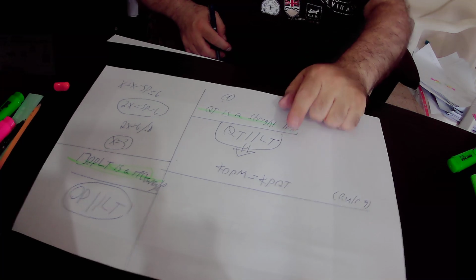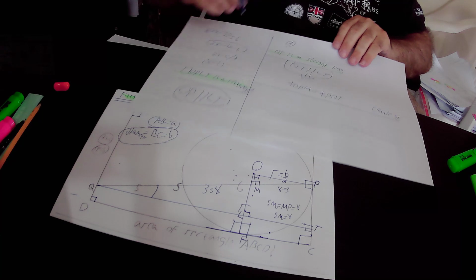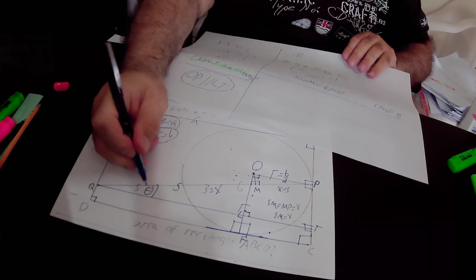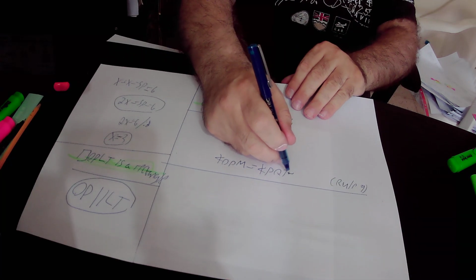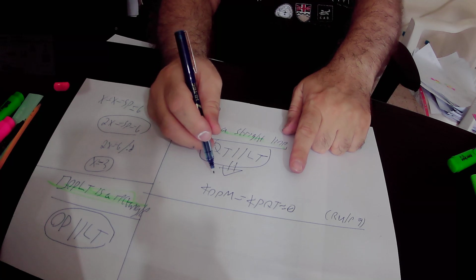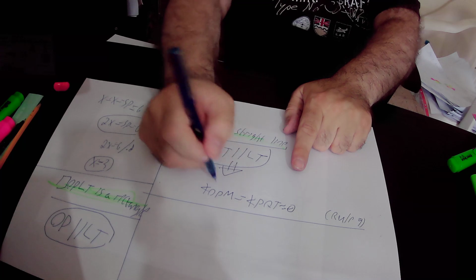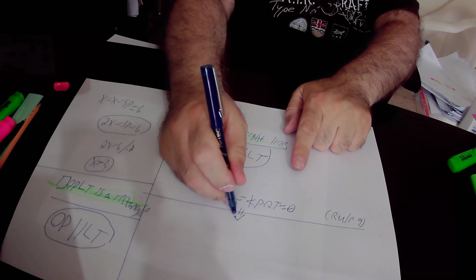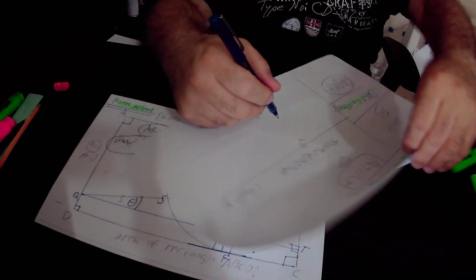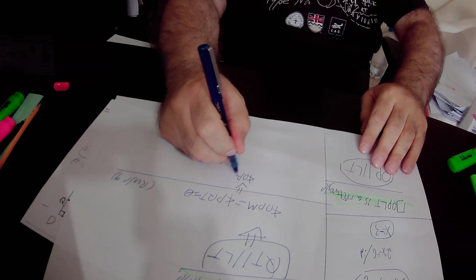And if we define angle PQT as theta, if this angle equals theta according to our definition, then from this equation, angle OPM equals angle PQT equals theta, we derive that angle OPM also equals theta.